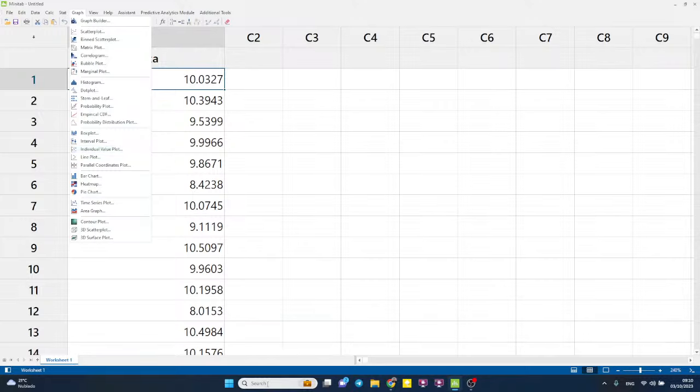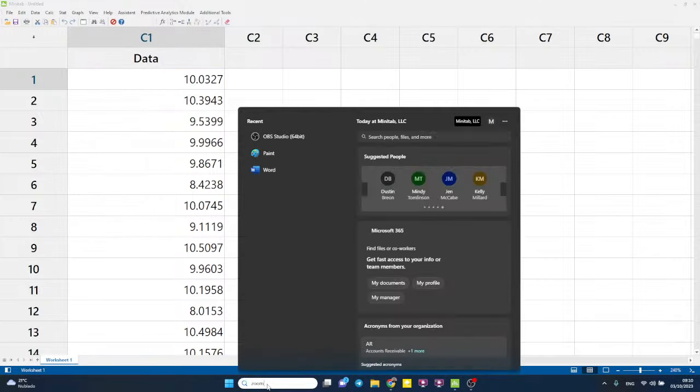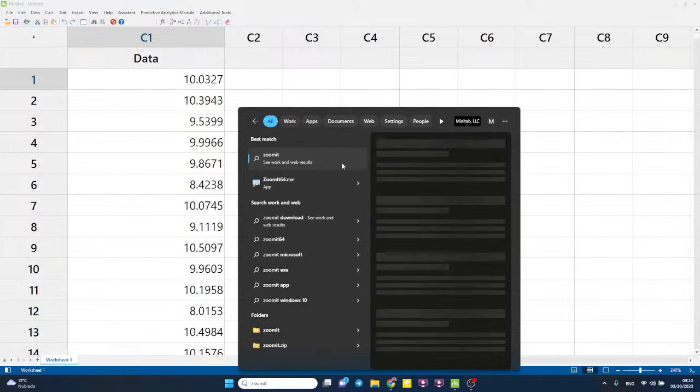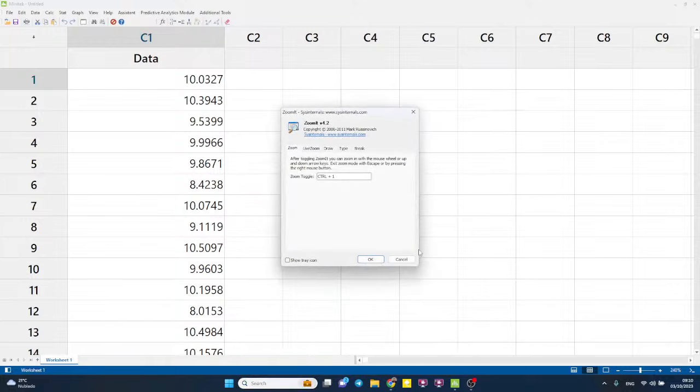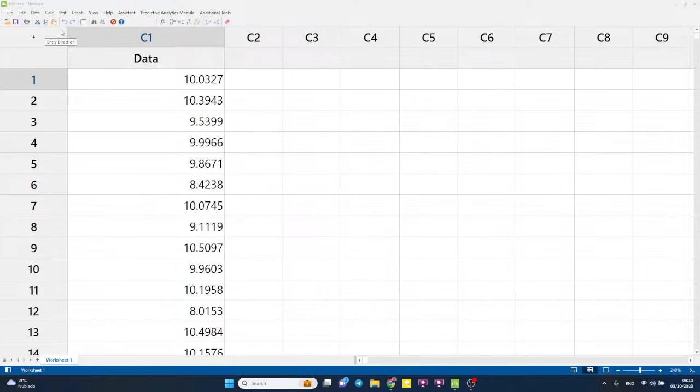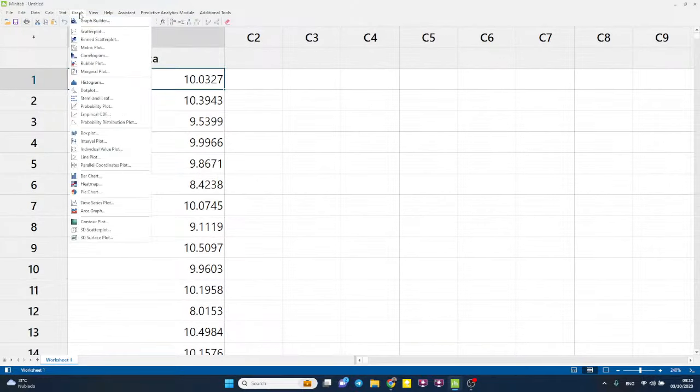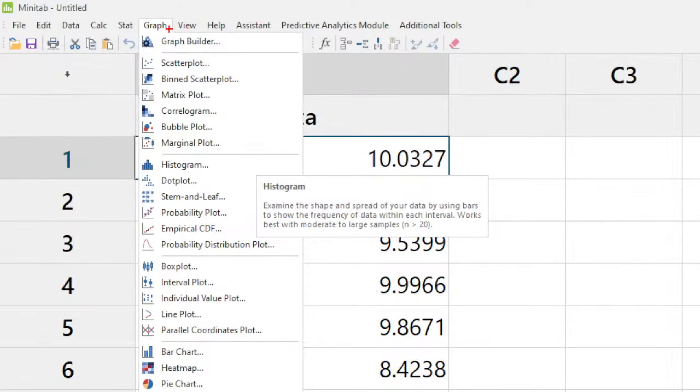And by the way, let me do a zoom in. So once again, you can find it here. Graph, Histogram.